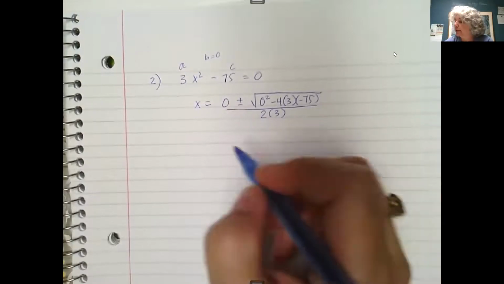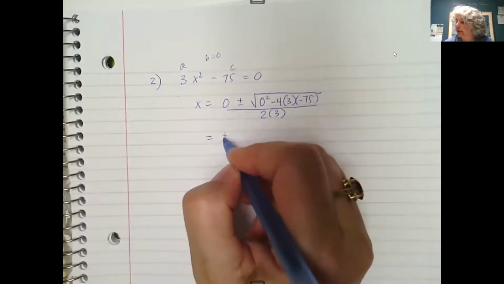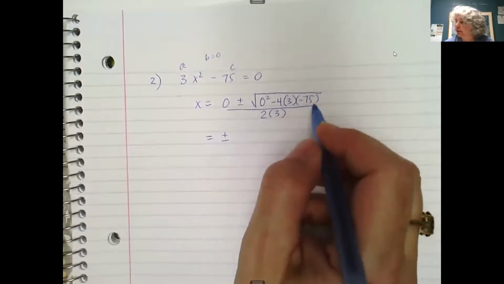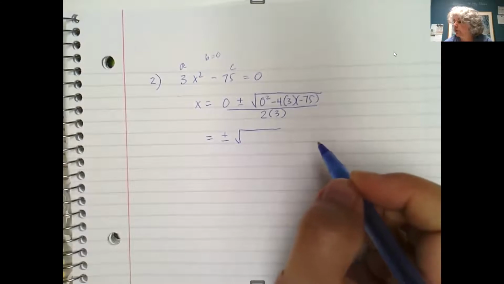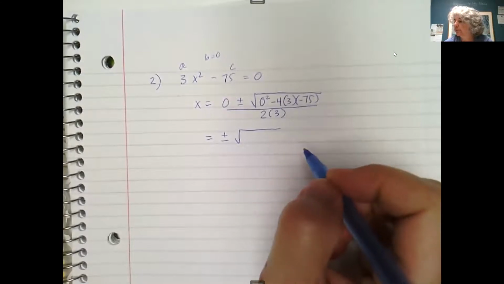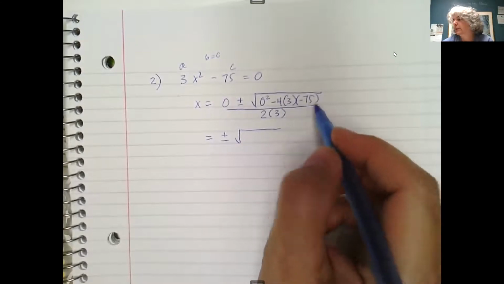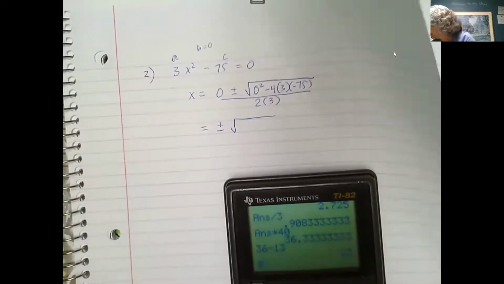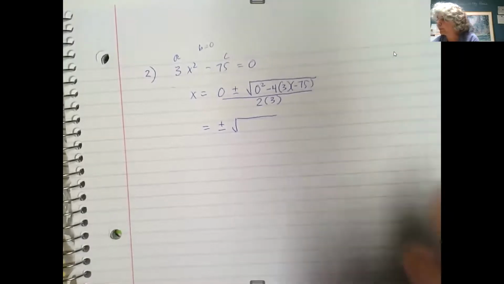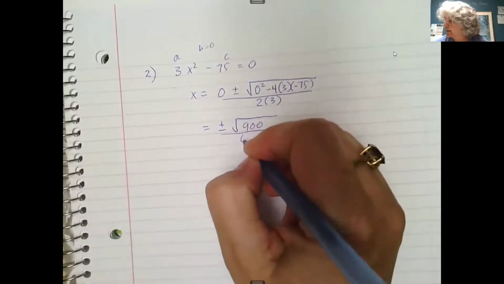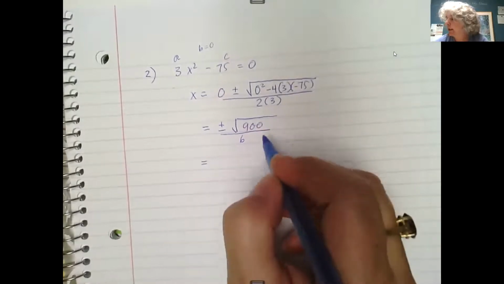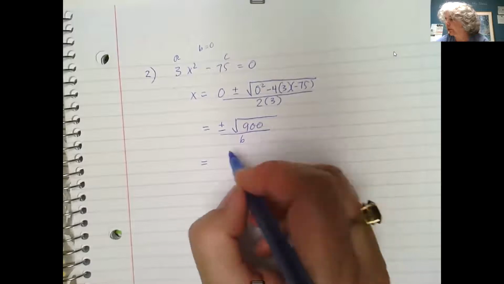All right, so now we're going to simplify this. We're going to get plus or minus. We still have the plus or minus part because this is going to equal something. 0 squared is 0. A negative times a negative is positive. 75 times 12, basically. 75 times 12 is 900. So that's going to be 900 divided by 6. 900, well, that's 9 times 100, plus or minus.